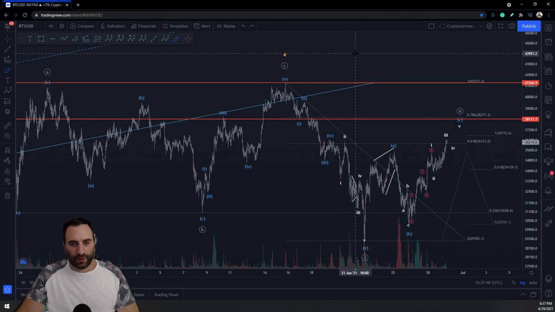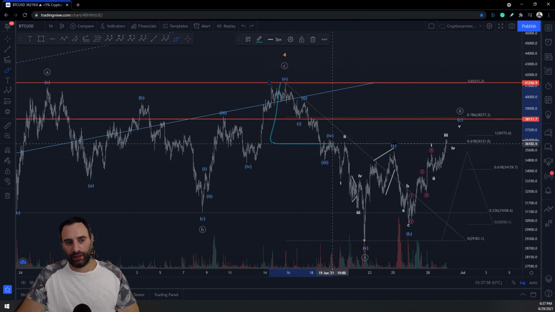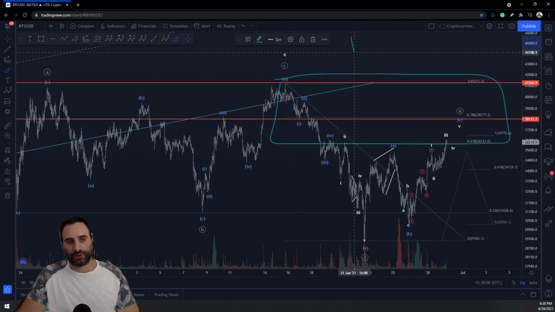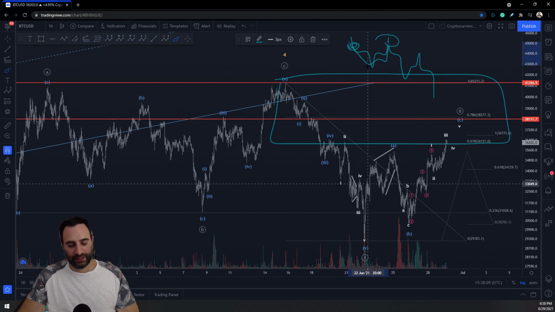diagonals are 3, 3, 3, 3, 3 structures, 5 times 3. So which means that would be that scenario. And why would that be the case? Because in ending diagonals, wave 2 and wave 1 can interact with one another.